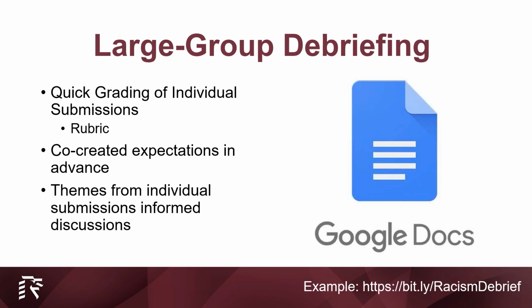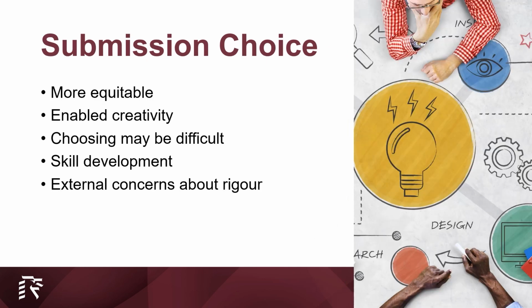Themes were shared in a Google document to promote large group debriefing, but no individual information was shared in those documents. Offering options and submission choices really resulted, I think, in a more equitable process for students. It really allowed them to express their experiences in a diverse and creative way. And I think they gained more understanding of what the experience was like.